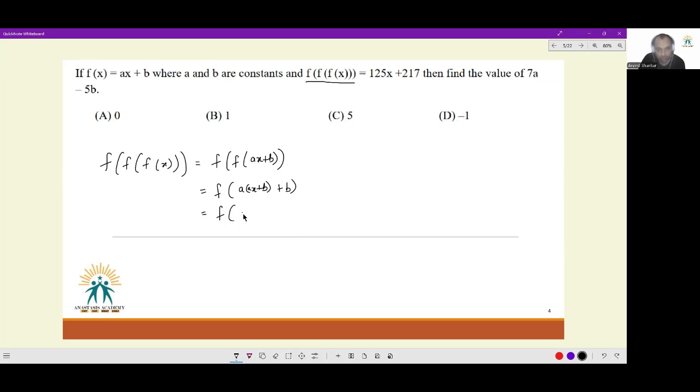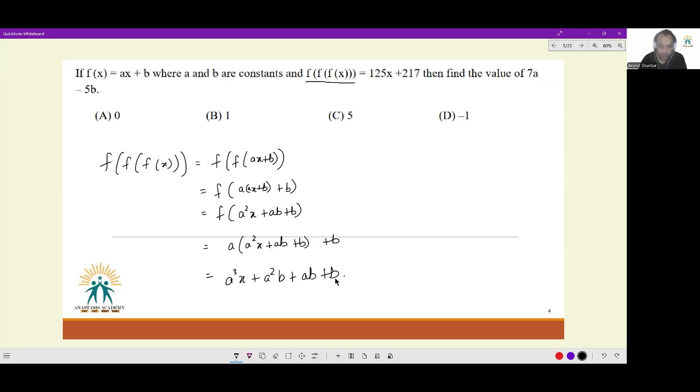I'll get a square x plus ab plus b, or this will be a times a square x plus ab plus b, plus b. So when I open this even further, I get a cube x plus a square b plus ab plus b. This is what we have.